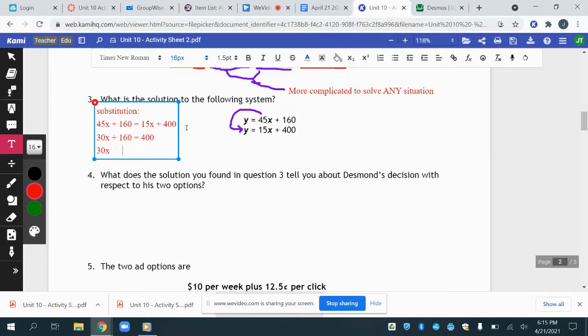30x equals 240. Now I divide by 30 and I get x equals 8. 8 times 30 makes 240, I promise you.